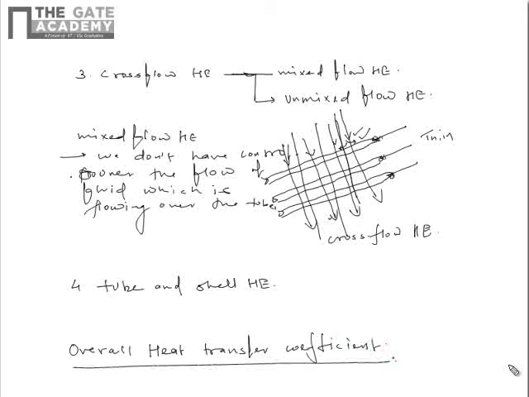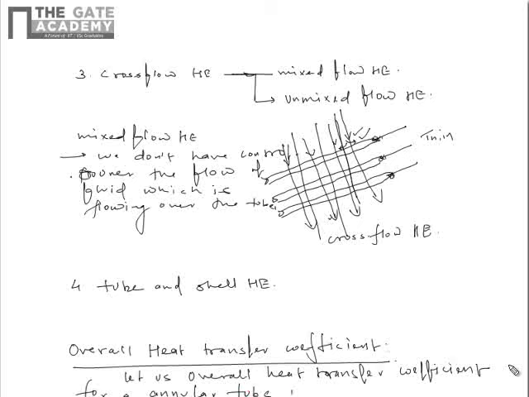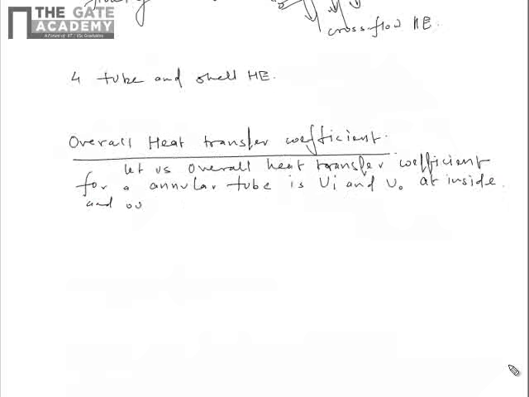Let us say the overall heat transfer coefficient for a tubular or annular tube is Ui and Uo at inside and outside surface respectively.